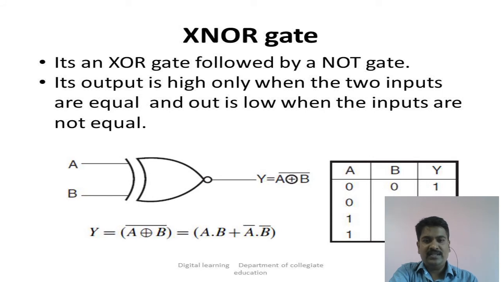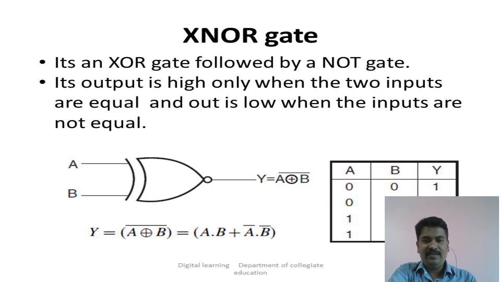That means in the symbol we have a bubble at the tip. This bubble represents the inversion. The bubble represents the NOT gate. This is a simple XOR gate, and a bubble here means a NOT gate connected to the output of the XOR gate, which makes an XNOR gate. That's why the output Y is A XOR B whole bar.